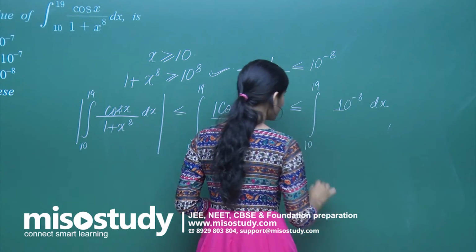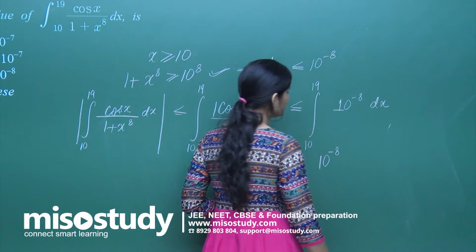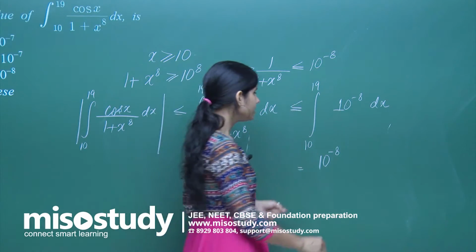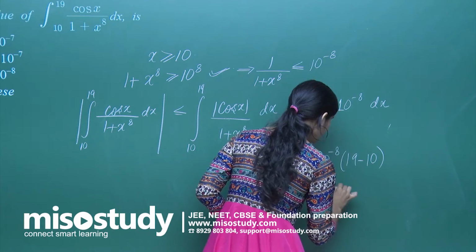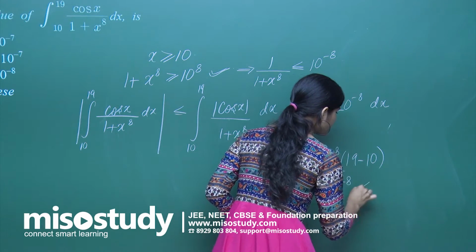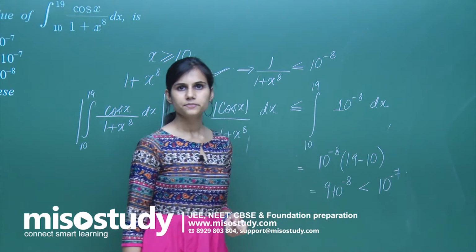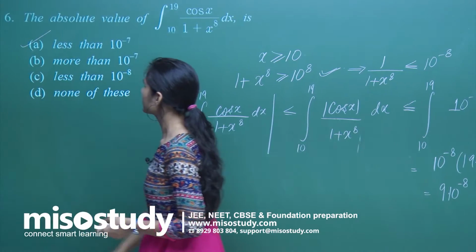So obviously this comes out to be equal to 10 to the power minus 8 into x, where x is ranging from 10 to 19. So that is going to give you 19 minus 10. This is 9 into 10 to the power minus 8, which is clearly less than 10 to the power minus 7. If it is clearly less than 10 to the power minus 7, option A is the correct one.